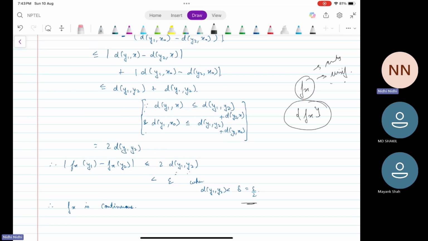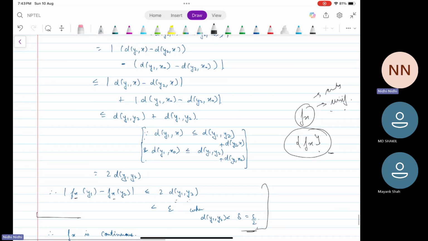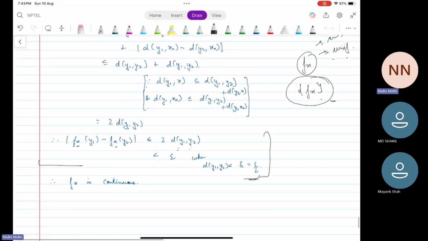Now, when we are talking about this collection f_x, if in this condition epsilon is independent of x as well, in that case we say that this collection is equicontinuous. So here, delta is exactly equal to epsilon by 2. It is nowhere depending on the points y1, y2, neither on x. So it should be equicontinuous as well.